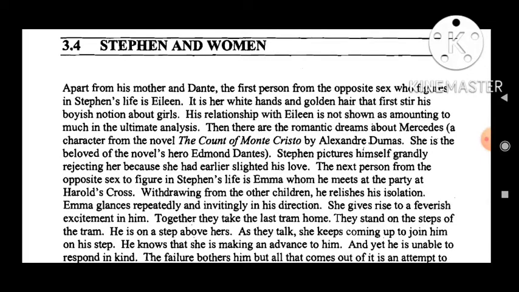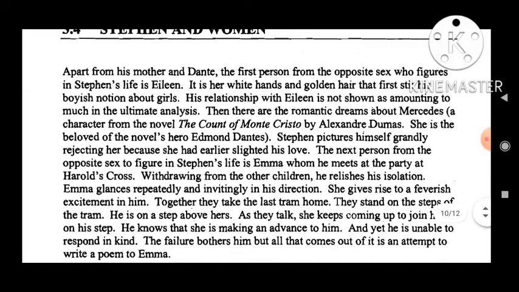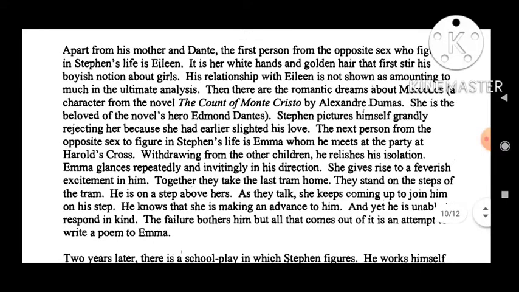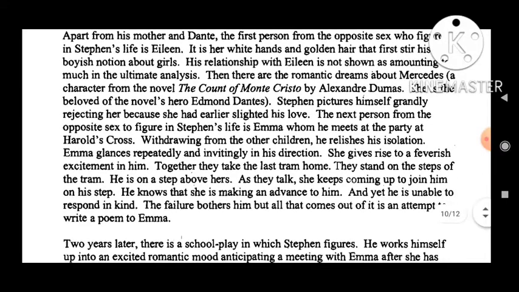His relationship with Ellen is not shown as amounting to much in the ultimate analysis.